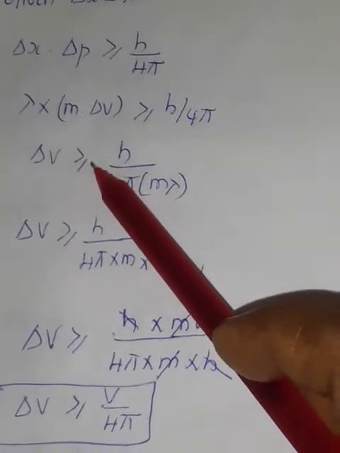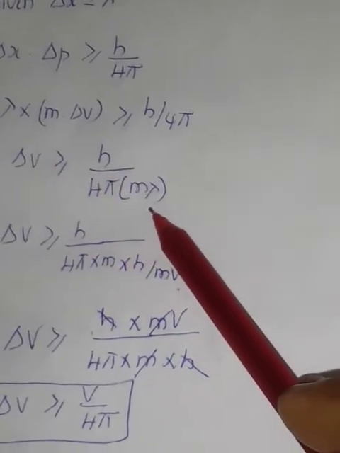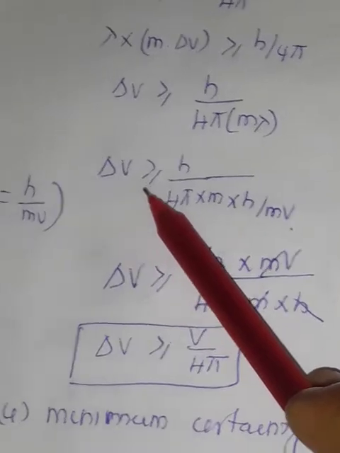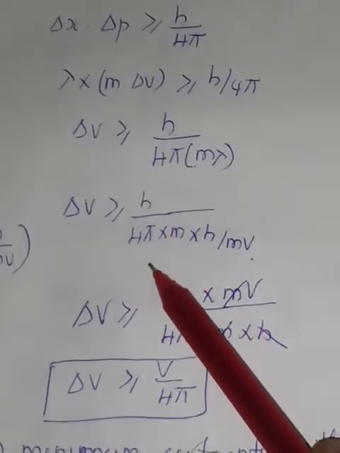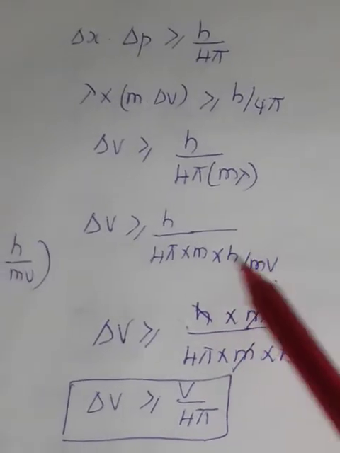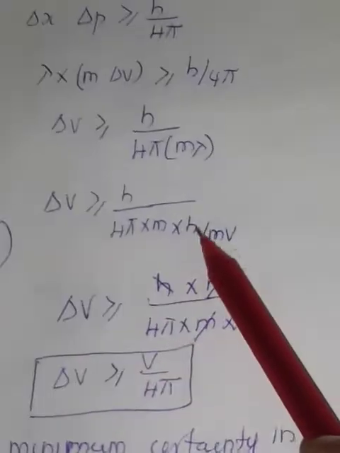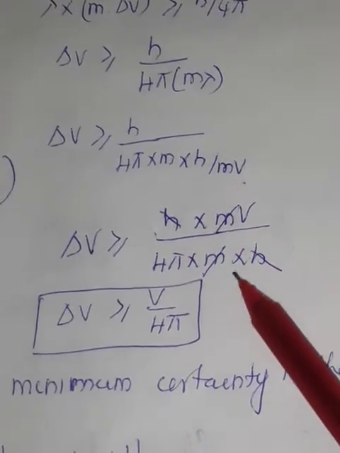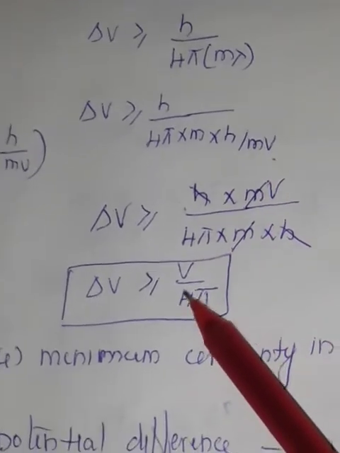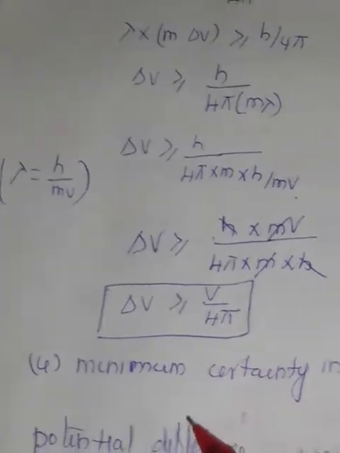So del v is greater than or equal to h by 4 pi m lambda. For lambda we substitute h by mv, then cancelling mass, we get v by 4 lambda. So the answer is v by 4 lambda.